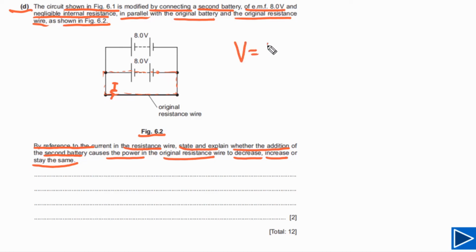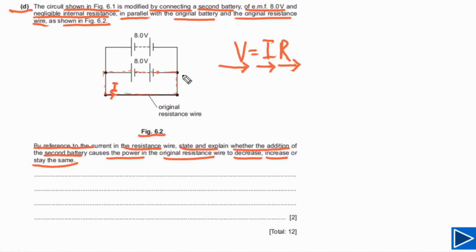So V is equal to I times R. As the potential difference across the wire does not change, current will also not change because the resistance of the wire does not change. So current in this resistance wire will not change by connecting the second battery.